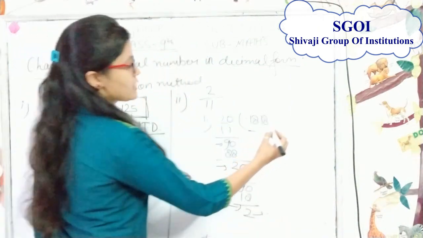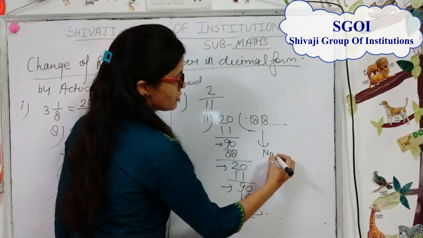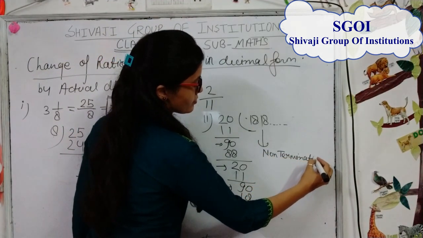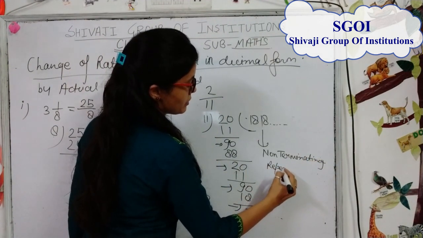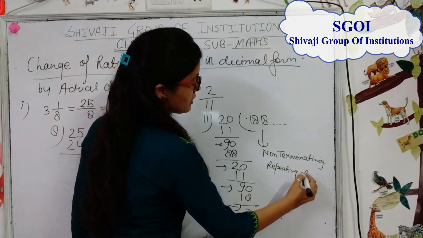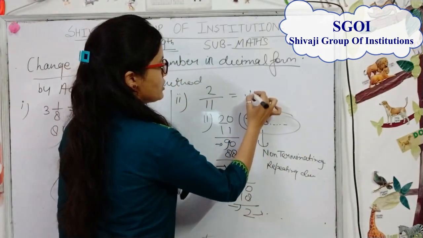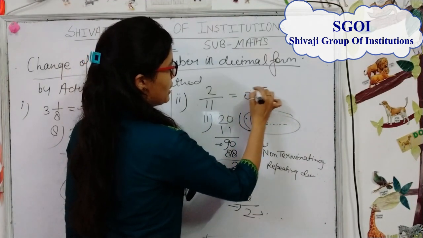Then this is the example of a non-terminating repeating decimal, and we can write it in the form of 0.18 bar.